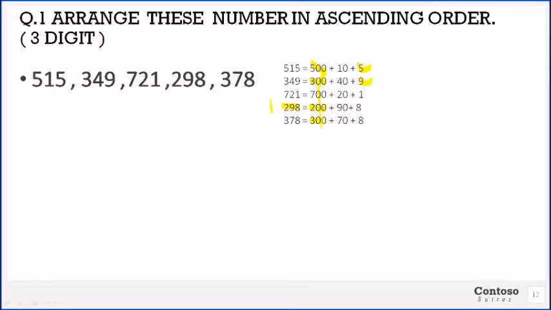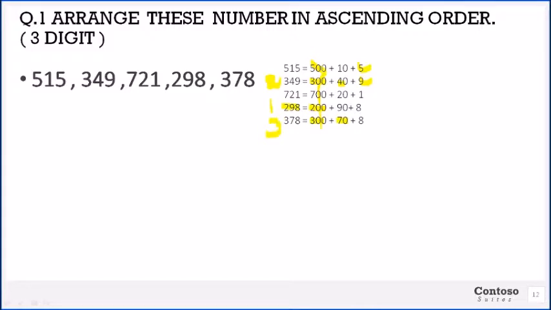If the same number comes two times, then what do we have to do? We have to move forward to the tens position. Here in the tens position it's 70, and here in the tens position it's 40. Among 40 and 70 we know 40 is the smaller one, so this number 349 will come in the second position, and this number will come in the third position.